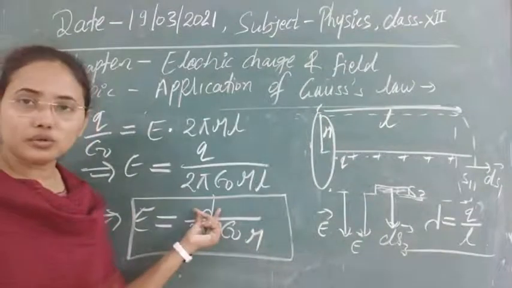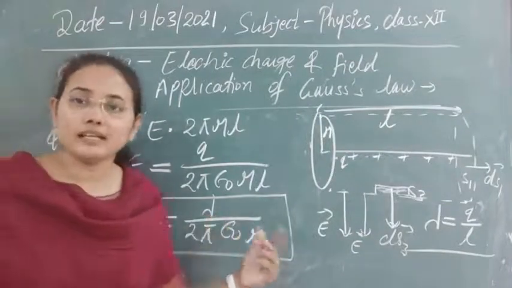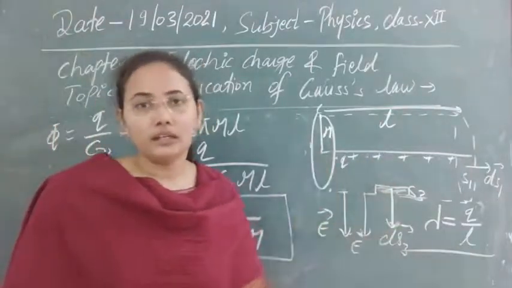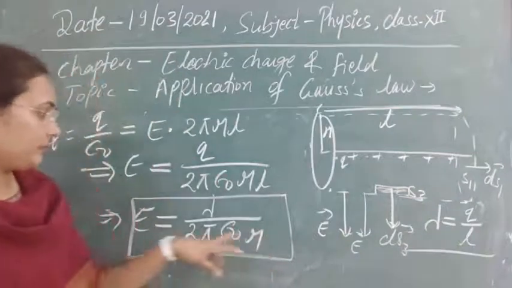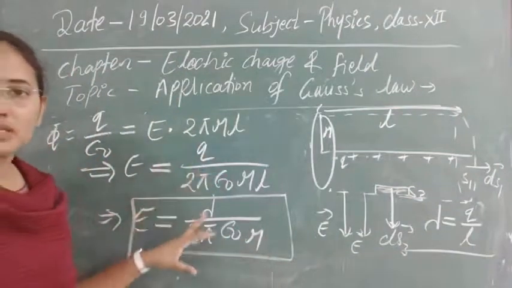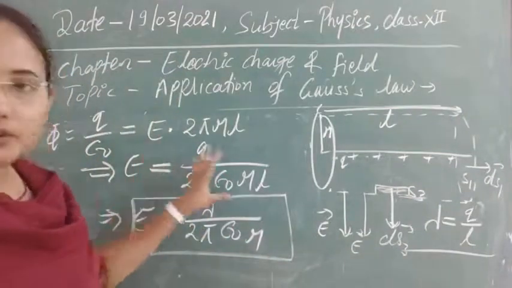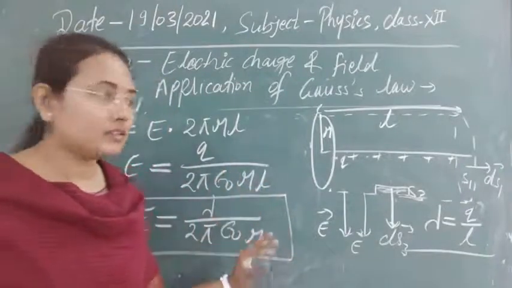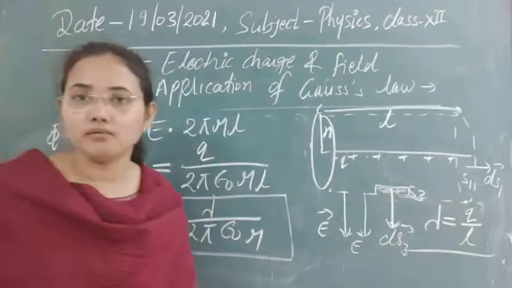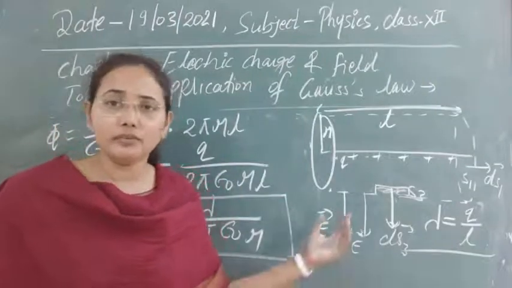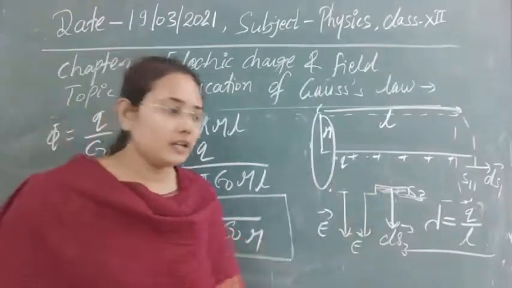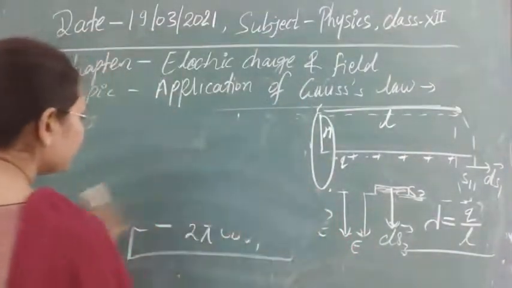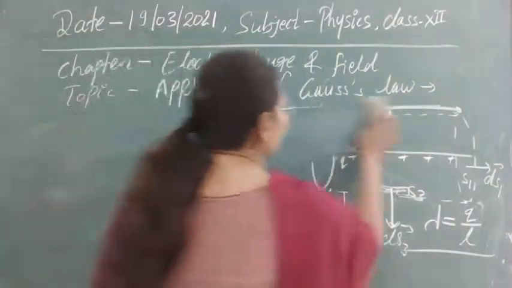It also depends on linear charge density, means the value of charge distributed throughout the length. The first application of Gauss law, I think, is clear, and you can see that we can very easily calculate the electric field for any uniform charge distribution for different kinds of surfaces. Let's see more examples or applications where we can calculate electric field by using Gauss law.